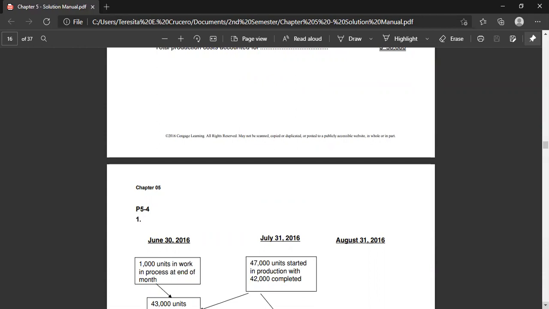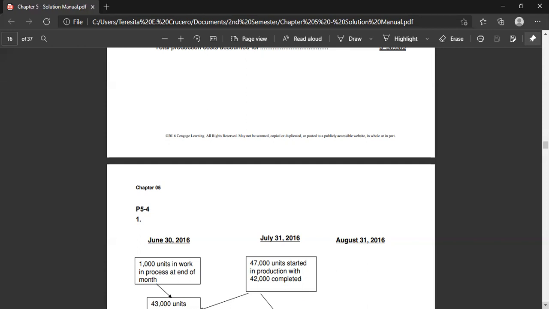Take note that by June 30, we have an inventory of 1,000 units, but the current month is July. In other words, the 1,000 units becomes the beginning inventory as of July.